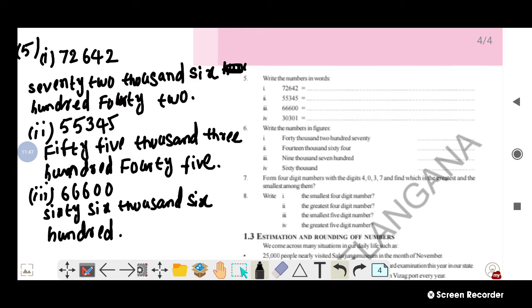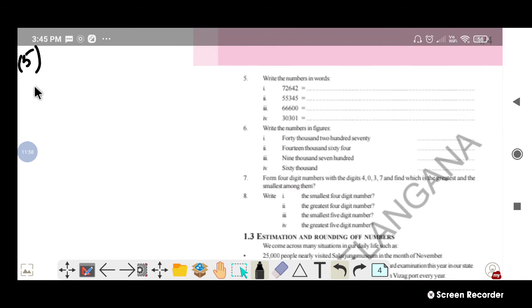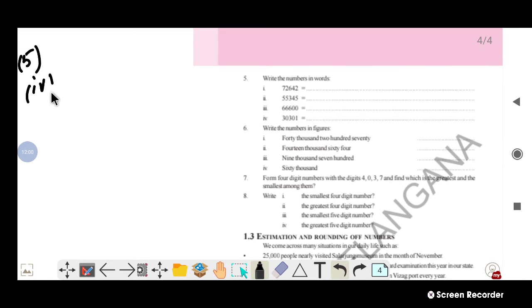Now we'll go for the fourth one. So in that fifth bit, fourth one, what is that? 30301.